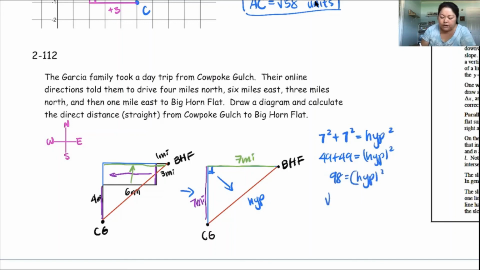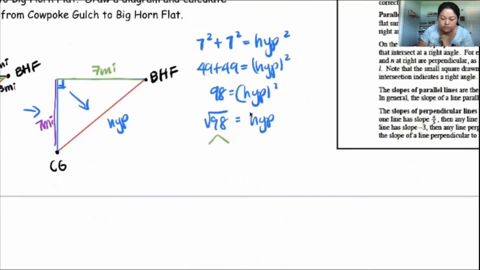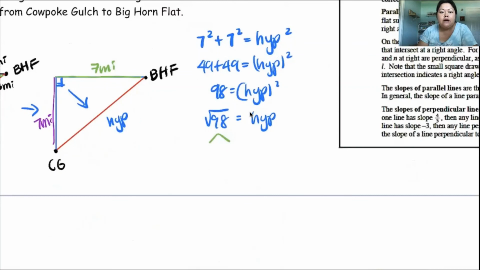And then you get root 98. Okay, we need to simplify root 98. And 98 is even, so if you divide it by 2, you get 2 times 49. And root that, you get 7. So you see a pair of 7 and a 2 left over. So then my hypotenuse is 7 root 2.